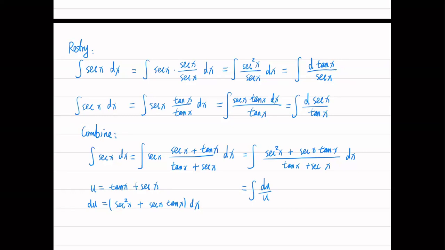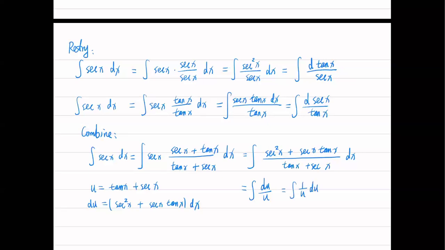Sakina. Du over u. Zhichen, maybe rewrite 1 over u du.